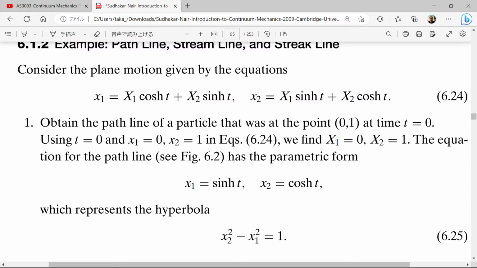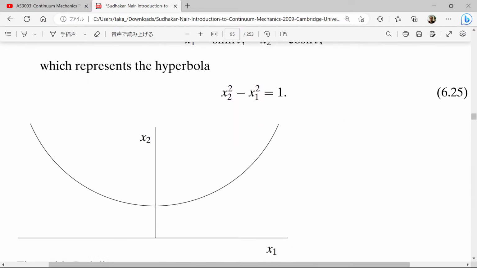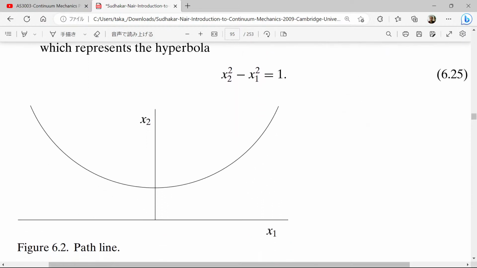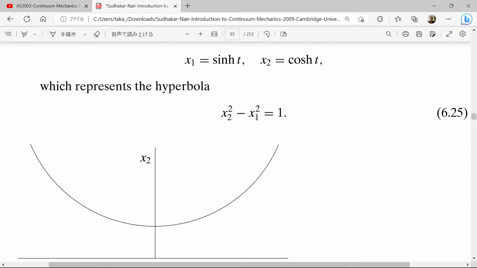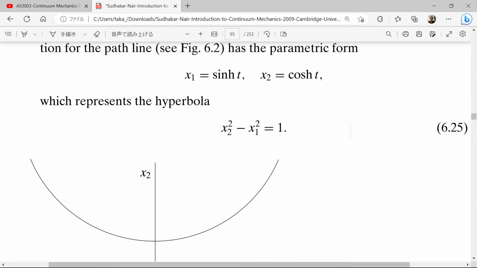Okay, this is a hyperbola. The path line is a hyperbola.